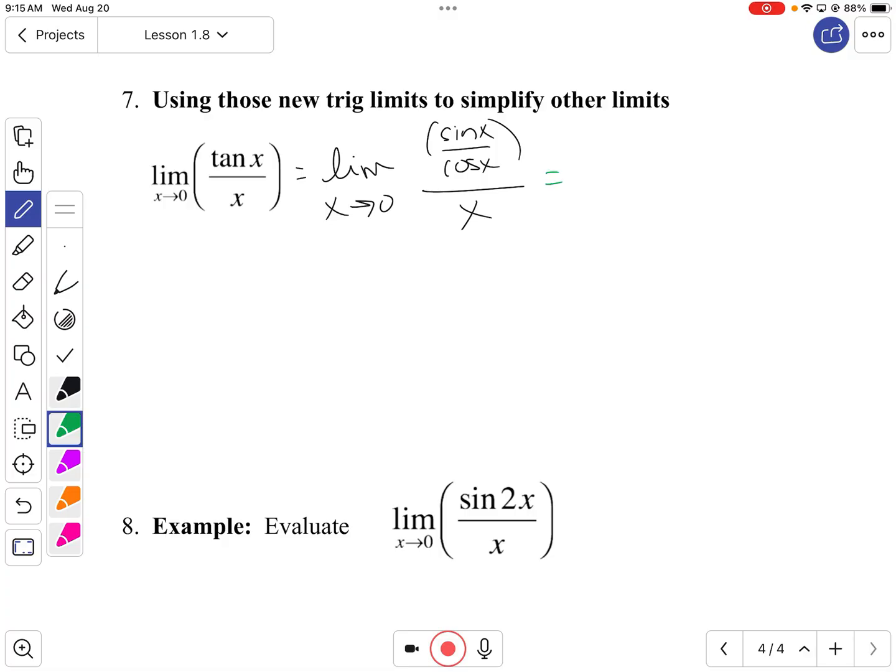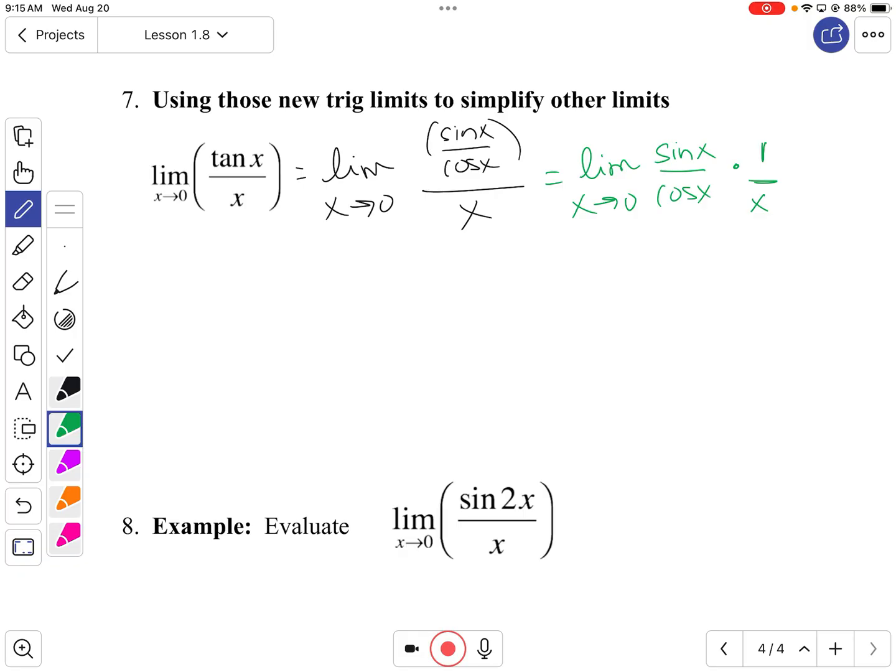So let's divide fractions. If that's just x, x is x over 1. So this is the same thing as the limit as x approaches 0 of sine x over cosine x. Change it to multiply. X would become what? Yeah, reciprocal, 1 over x.